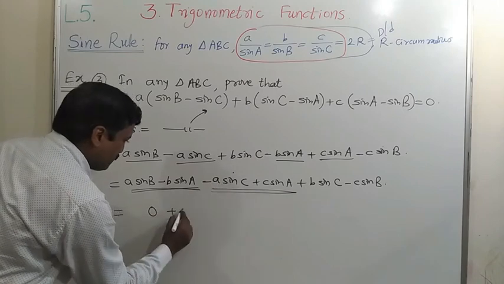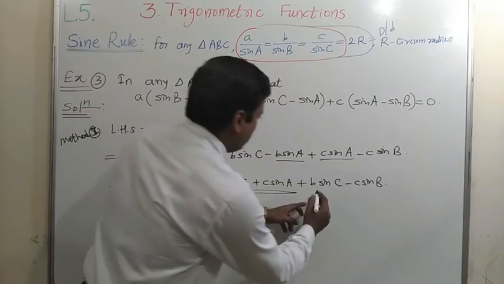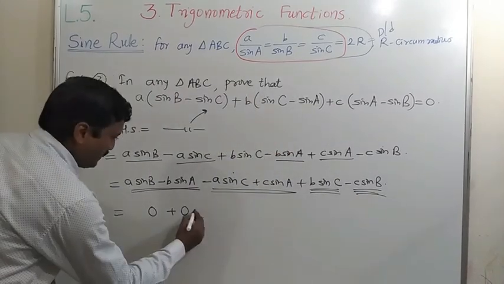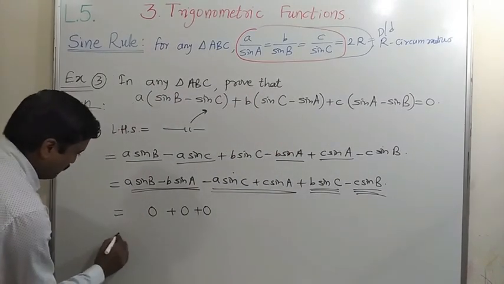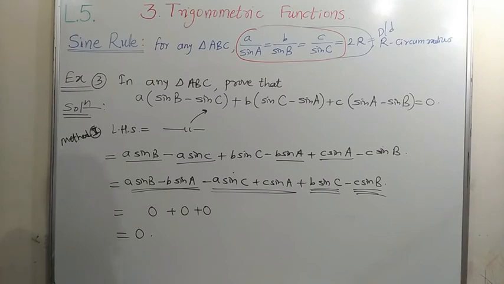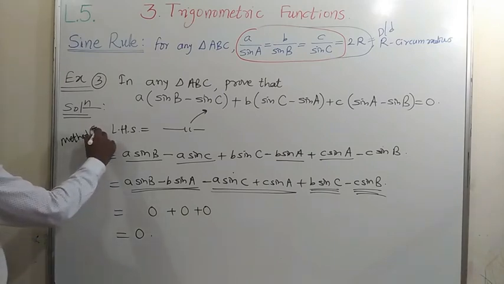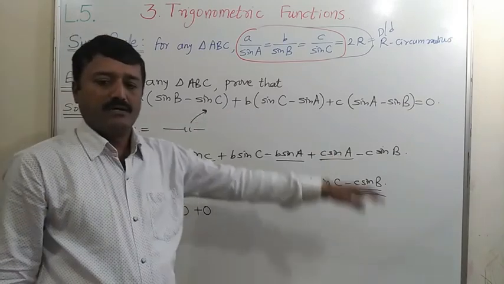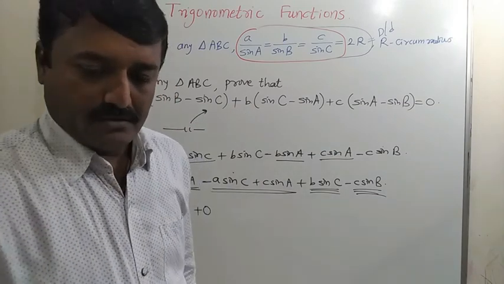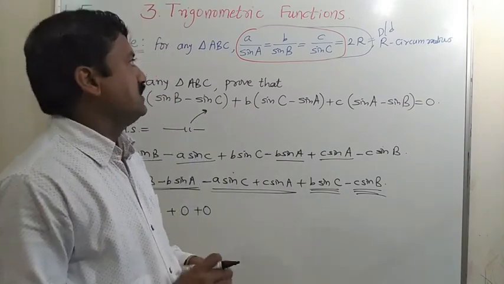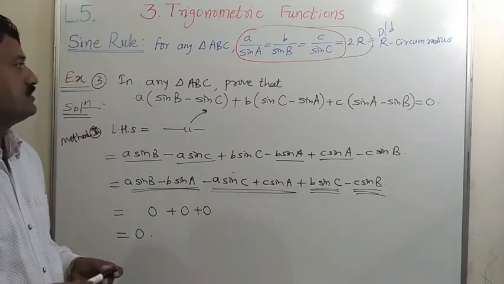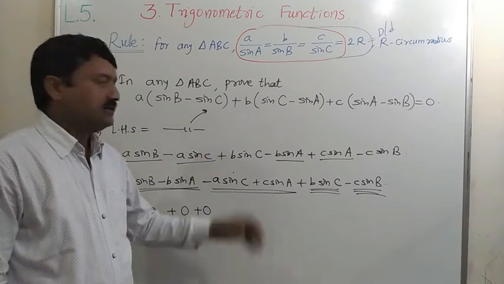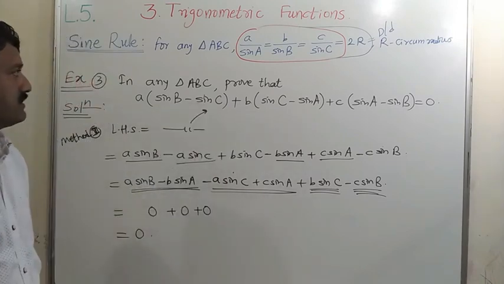So their difference will be again 0. B sine c is equal to c sine b. So their difference is again 0. So answer will be 0. So these are 3 methods to prove this single result. So if you know the sine rule and its different forms, then we can use that rule in different ways and we can give the proof of such results.